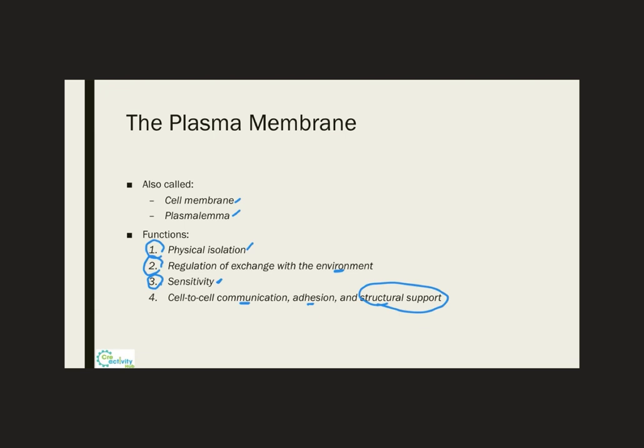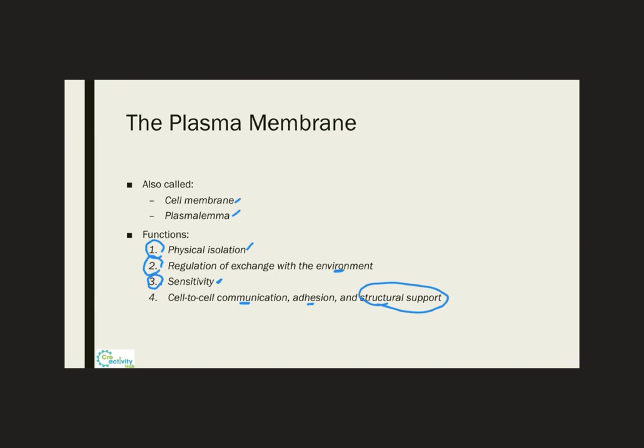And these receptors will be the ones that will allow the cells to recognize and then respond to specific molecules that will bind to those receptors. And as you can imagine, any alteration in the plasma membrane will affect all of the cellular activities.